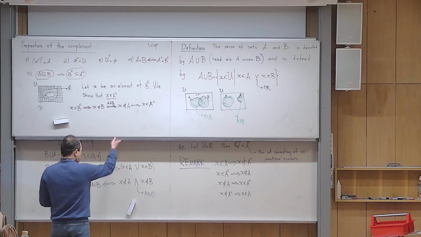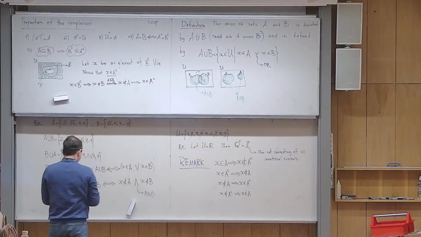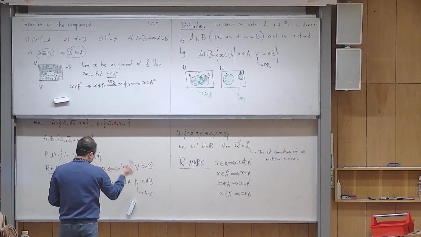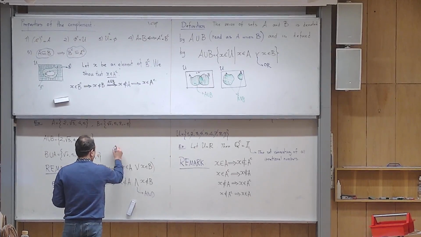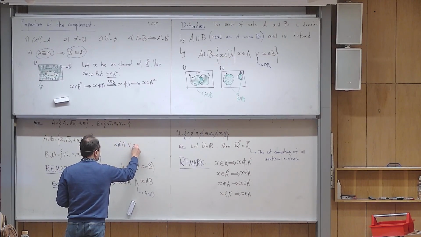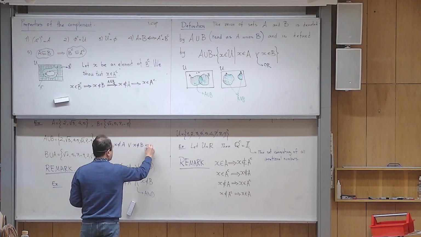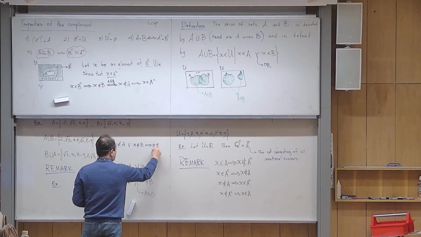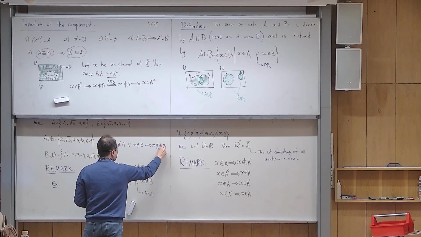The reason that I am saying this, of course, is a little bit logical. If I ask you to write the other way around, if I say X does not belong to A or X does not belong to B, can I conclude that X does not belong to A union B?